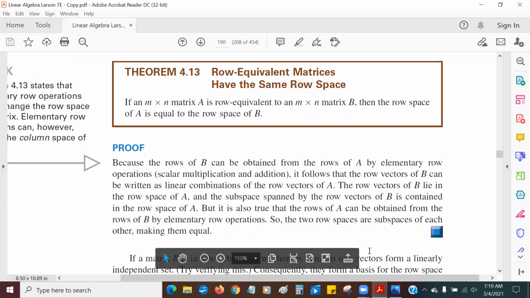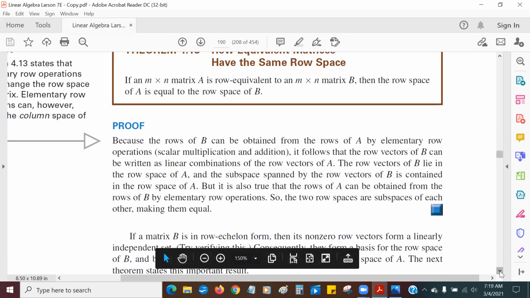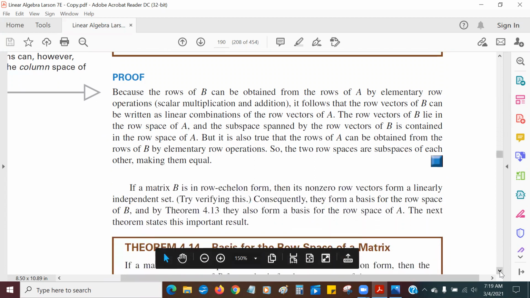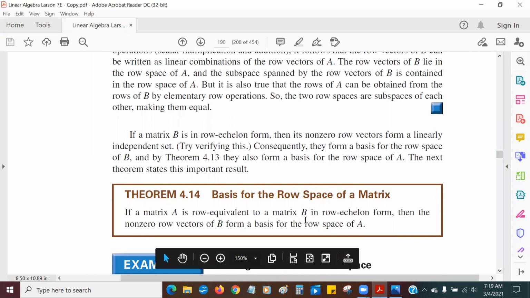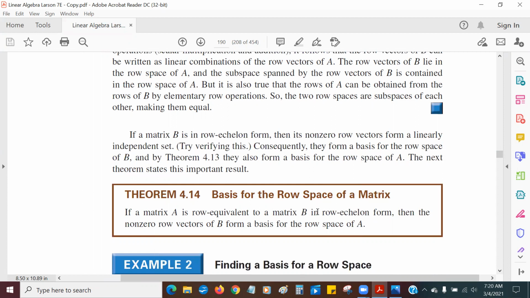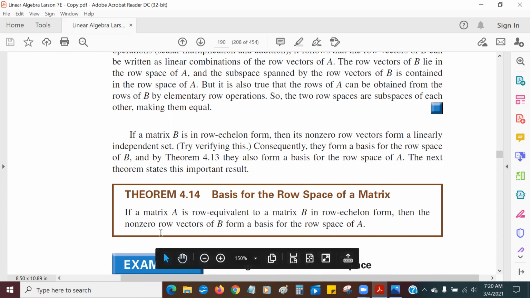Now here's a really super duper important theorem. If a matrix A is row equivalent to a matrix B in row echelon form, then the non-zero row vectors of B form a basis for the row space of A. Let's get a sense of why that's true.